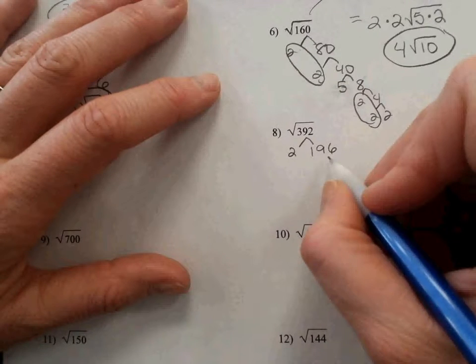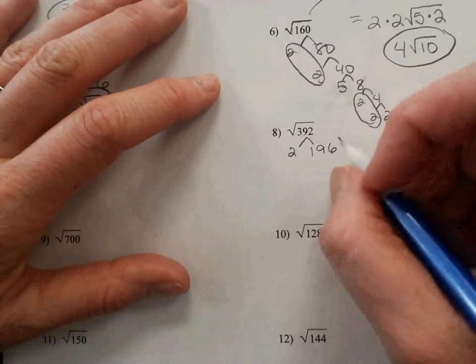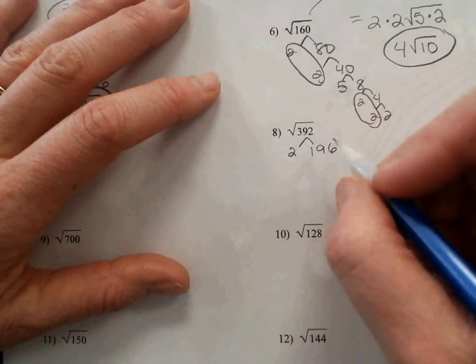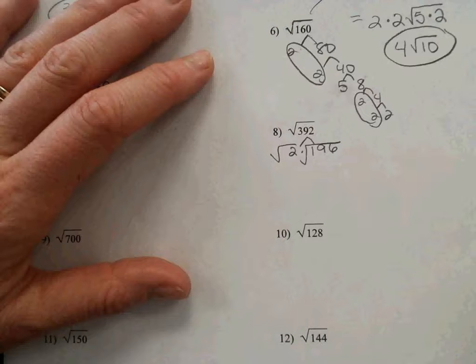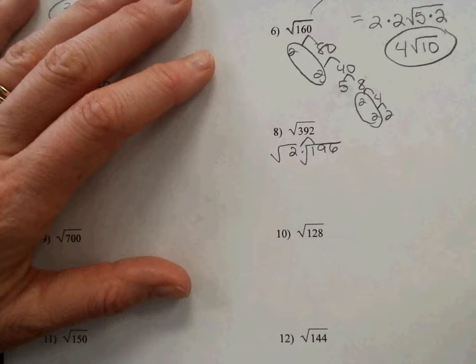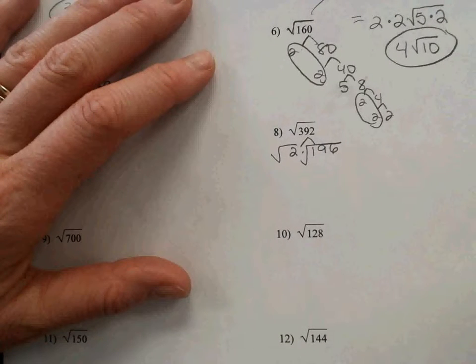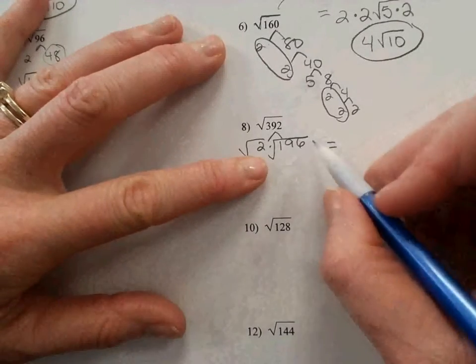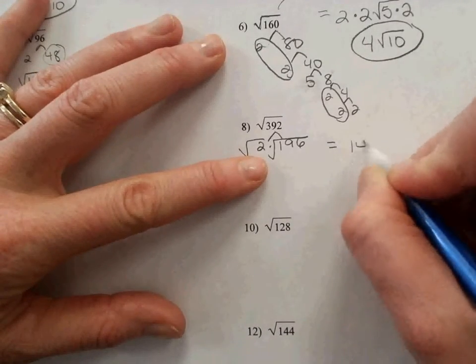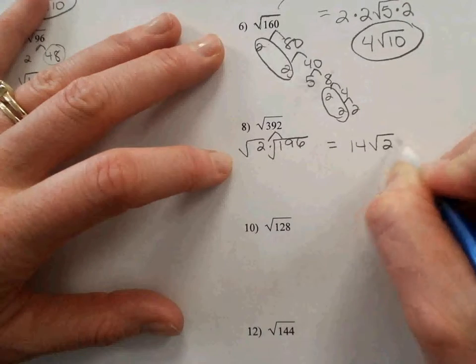Why would we keep going? Right? So let's stop there. I don't need to keep doing the jailbreak method if I recognize that there's a perfect square there, right? So this is going to be, what's the square root of 196? 14. Good, 14, and the 2 stays underneath the radical.